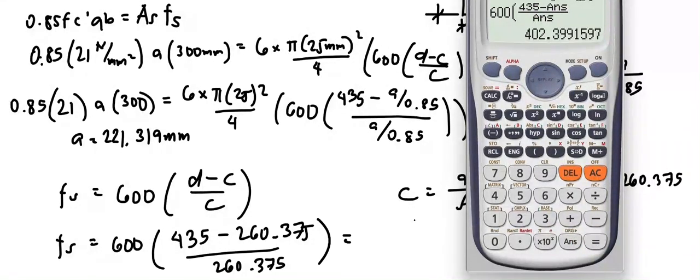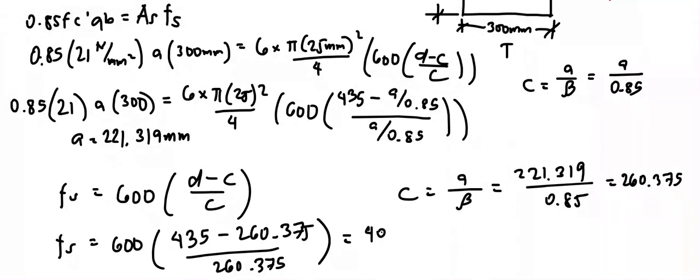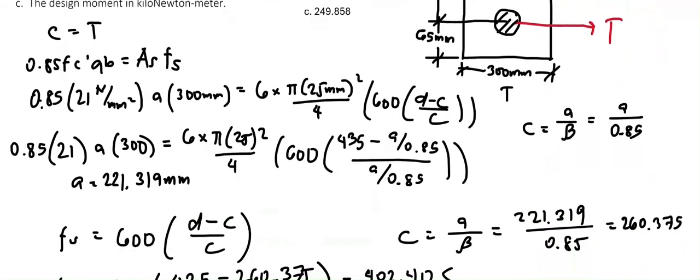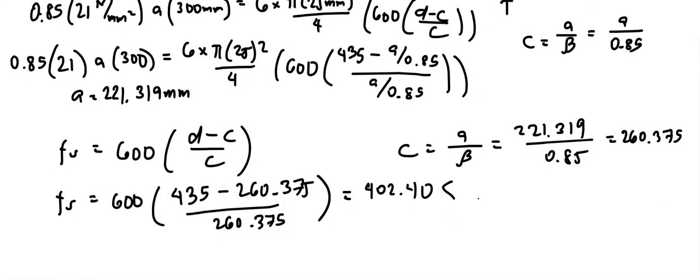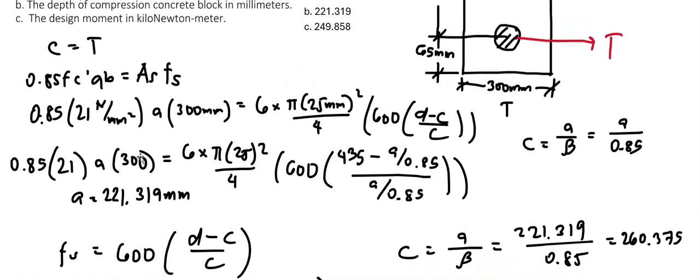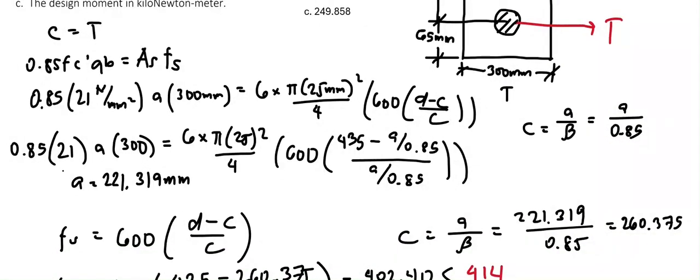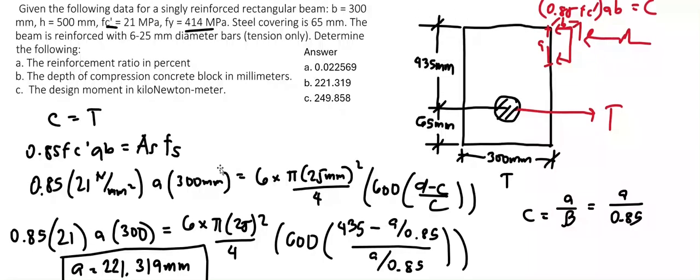This is equal to 402.40. And this is less than the yield strength of steel that is 414. Therefore, our assumption that steel does not yield is correct. Therefore, A, which we have solved a while ago, is equal to 221.319 millimeters.